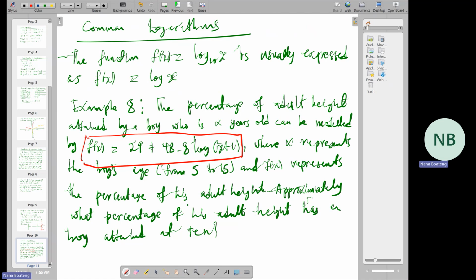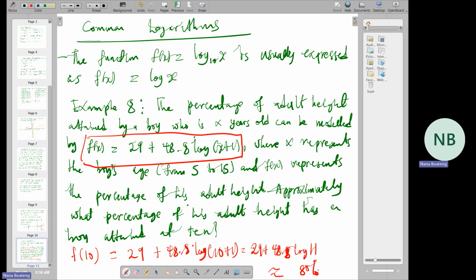So when the boy's age is 10, we'll be finding f of 10, which is equal to 29 plus 48.8 log of 10 plus 1, which is equal to 29 plus 48.8 times the log of 11, which is approximately 80%.